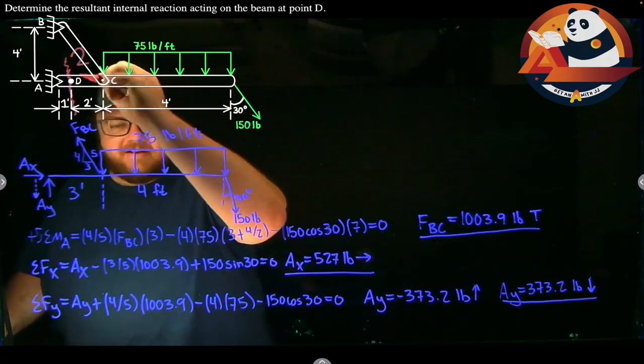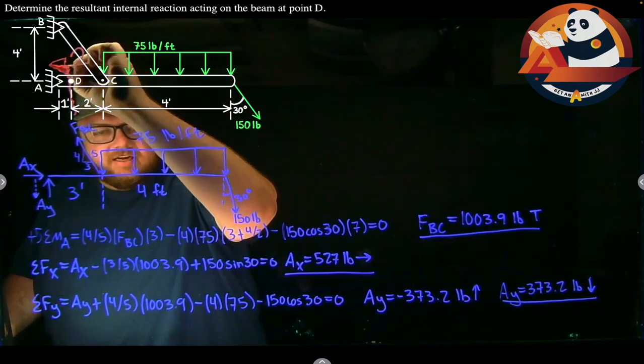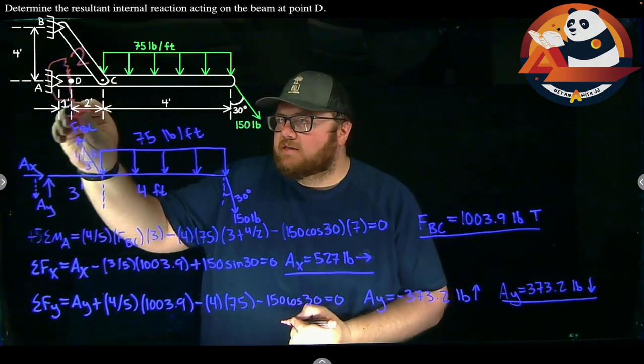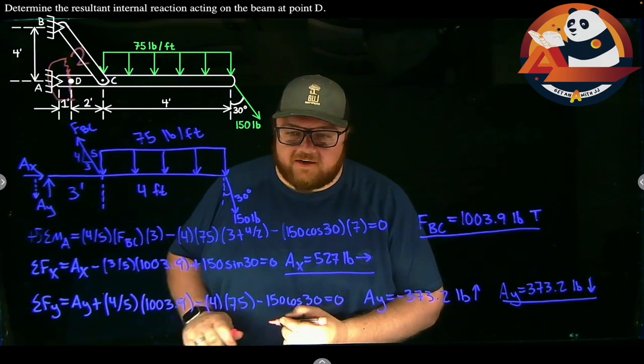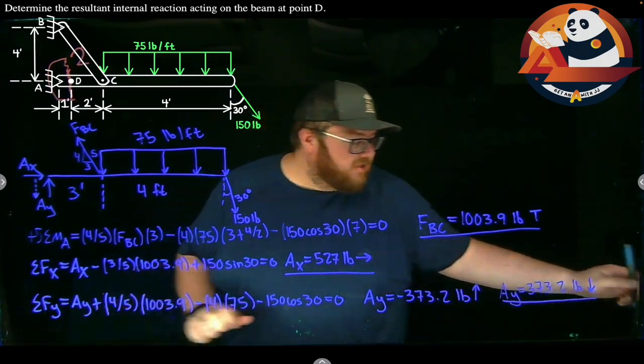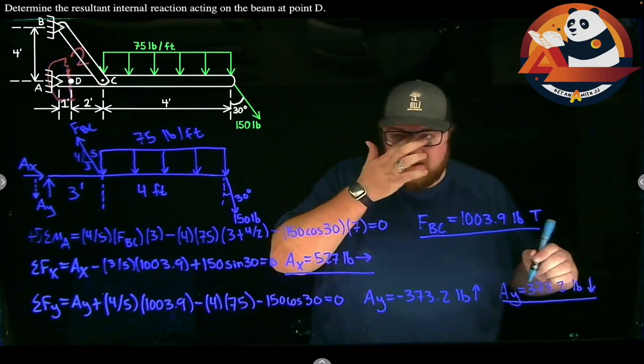If I go to the left side, all I have to include is this 1 foot free body diagram that has just A to D in there. It's a pretty easy picture for us to draw and work with.